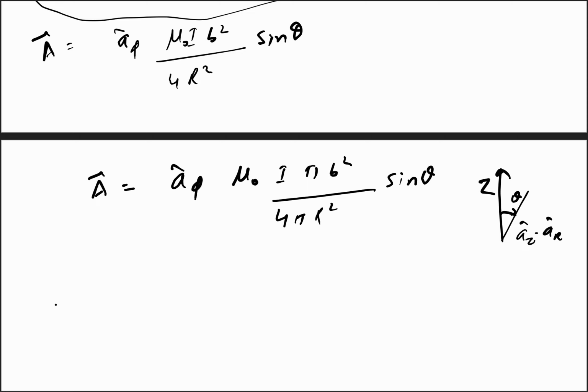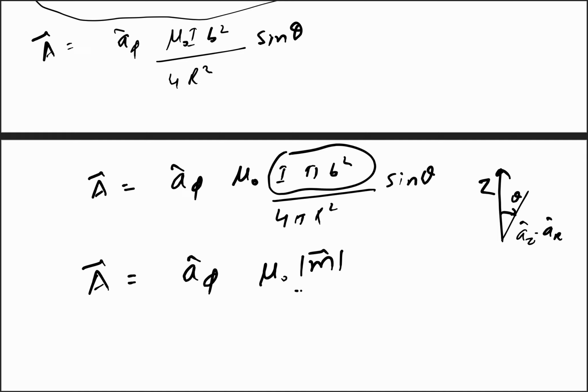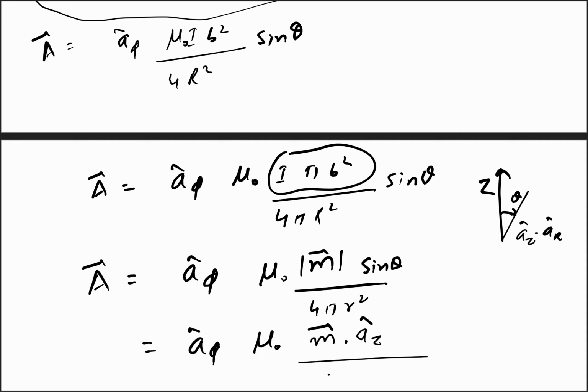So a is equal to a phi mu naught, the magnitude of the magnetic dipole moment over 4 pi r square sin theta, or a phi mu naught m dot az over 4 pi r square.